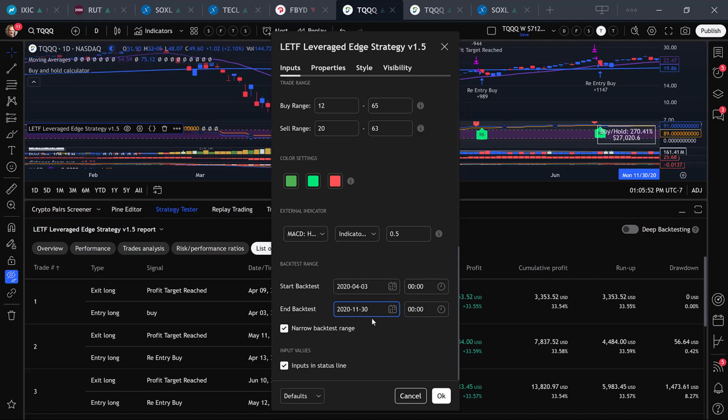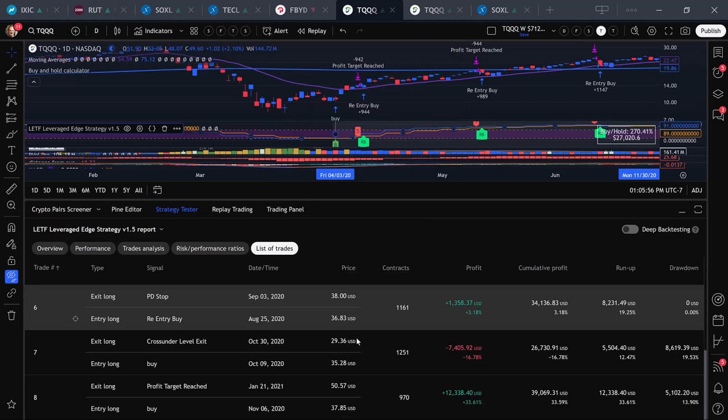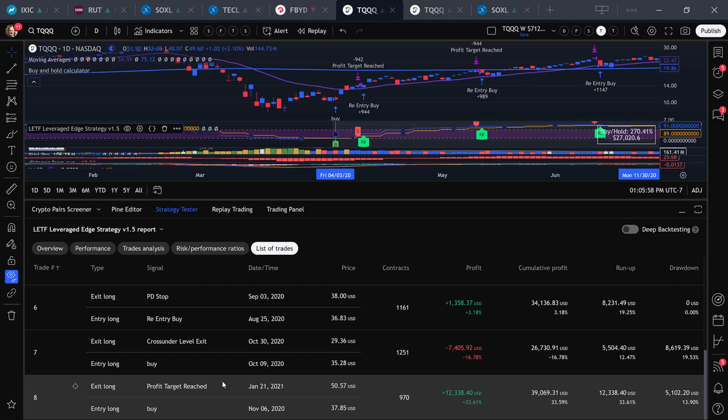If we move the end backtest date out to November 30th, now we go to the last trade, and what happens is it actually captures a trade that is a buy on November 6th, and it doesn't get out of that trade until January 21st with a profit target reached.